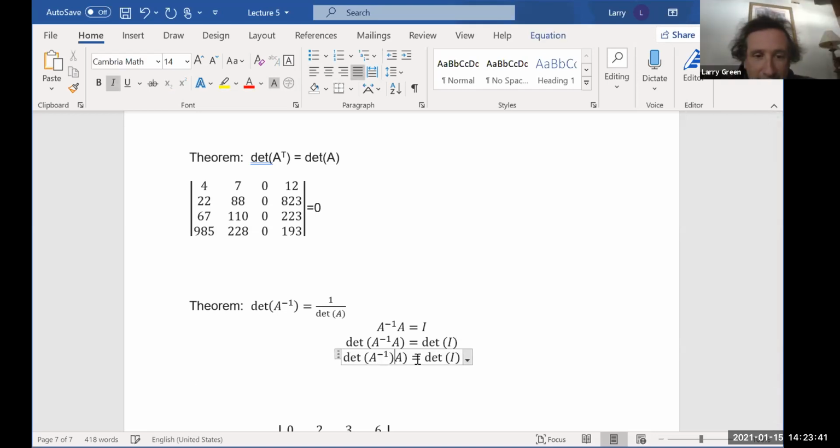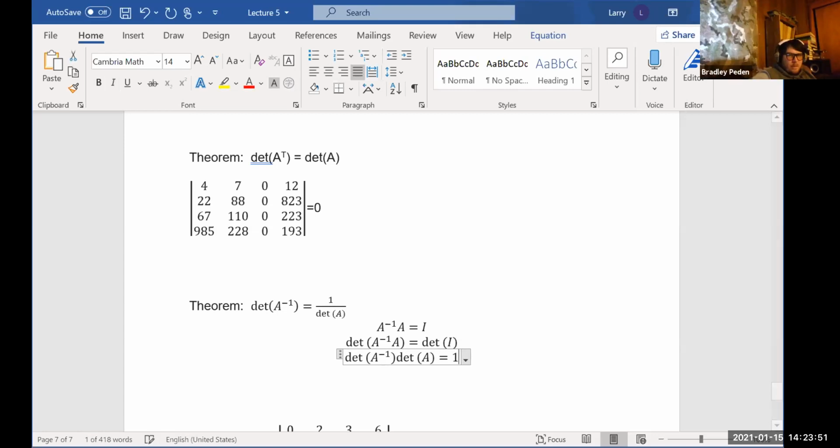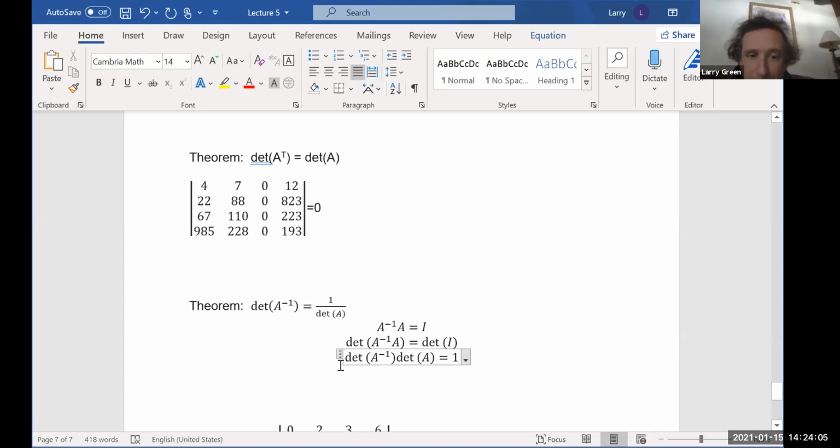So I can write that as the determinant of A inverse times the determinant of A. What's the determinant of identity? 1, because the identity is a triangular matrix such that all the diagonals are 1. 1 times 1 times 1, no matter how many times you times 1, you get 1. So the determinant of identity is 1.